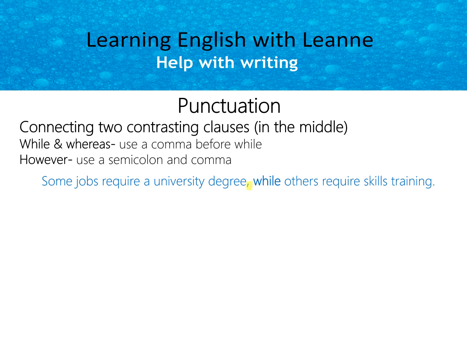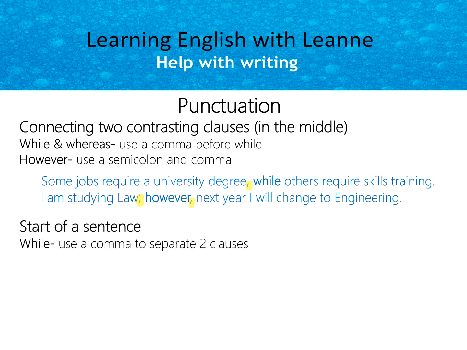Some jobs require a university degree, comma, while, and a contrasting idea, a different idea. When we use however, we must use a semicolon when we're connecting two clauses, however, and then a comma.